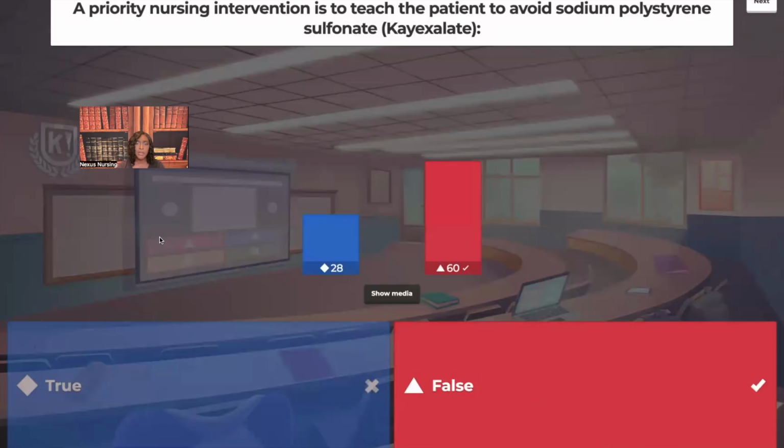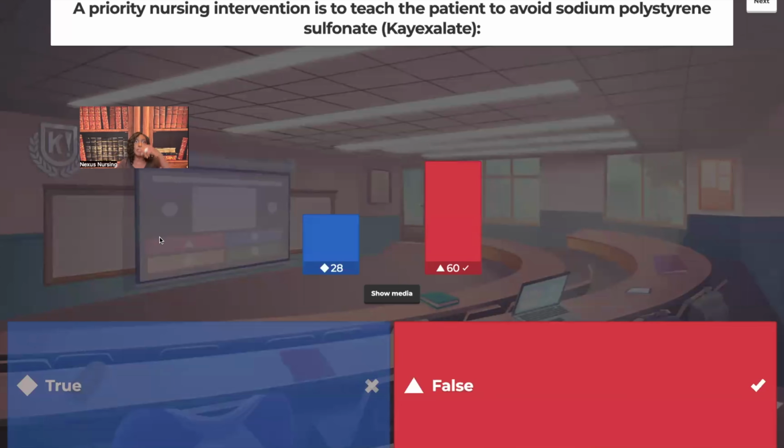It's false. This is a known treatment for hyperkalemia and AKI. So known treatments in hyperkalemia and AKI: regular insulin IV, bicarb, calcium gluconate IV, and Kayexalate. Of course, hemodialysis as well.